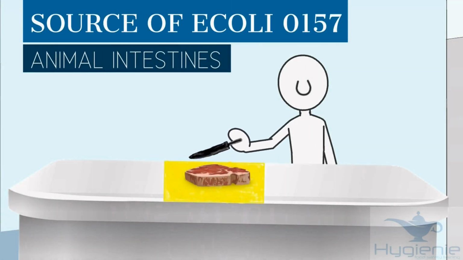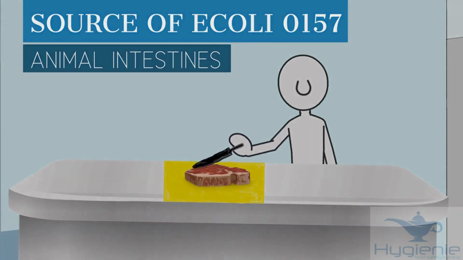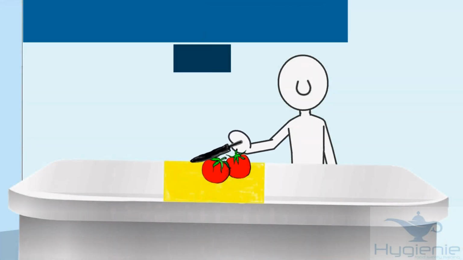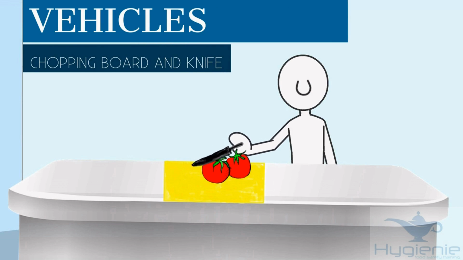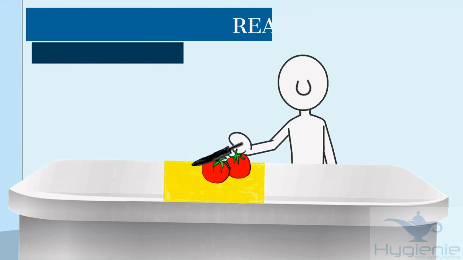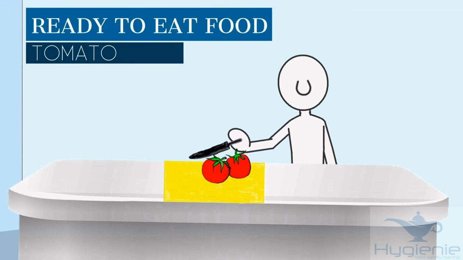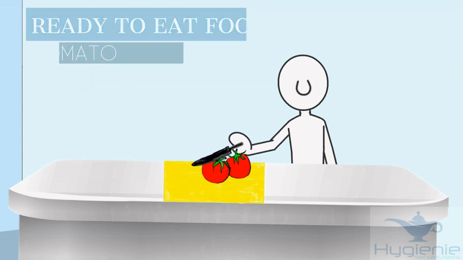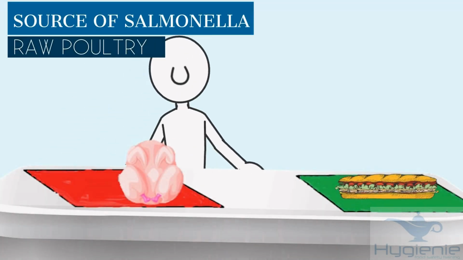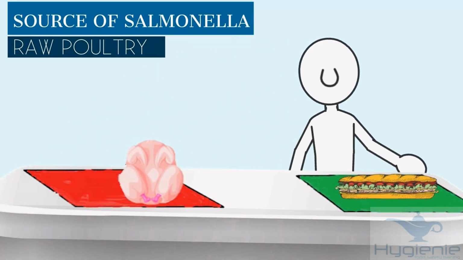EHO also saw Simon using the same chopping board and knife for raw and ready-to-eat food. He also touched raw chicken and didn't wash his hands before touching sandwiches.